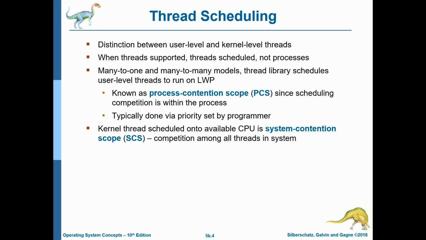On the other side, the kernel uses what's called system contention scope, SCS. Competition for the CPU with SCS scheduling takes place among all threads in the system. Systems using the one-to-one model, such as Windows and Linux, schedule threads only using SCS.